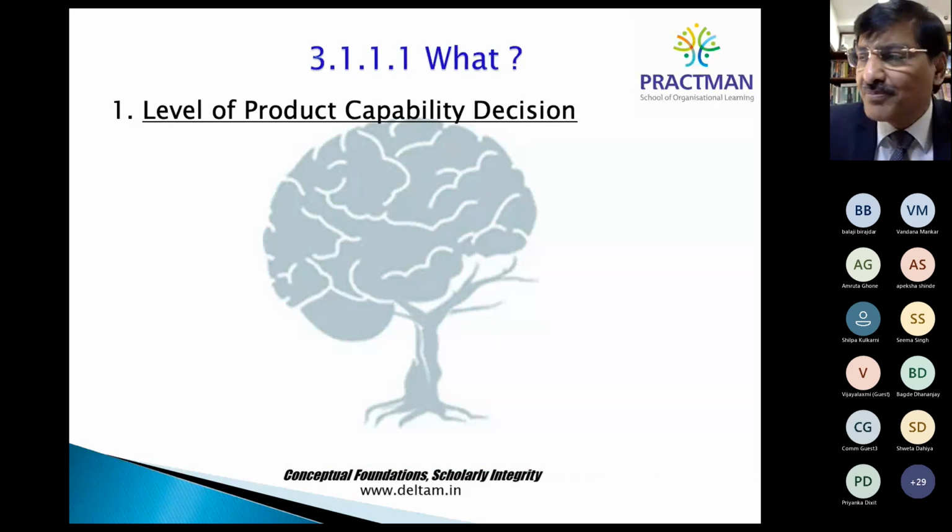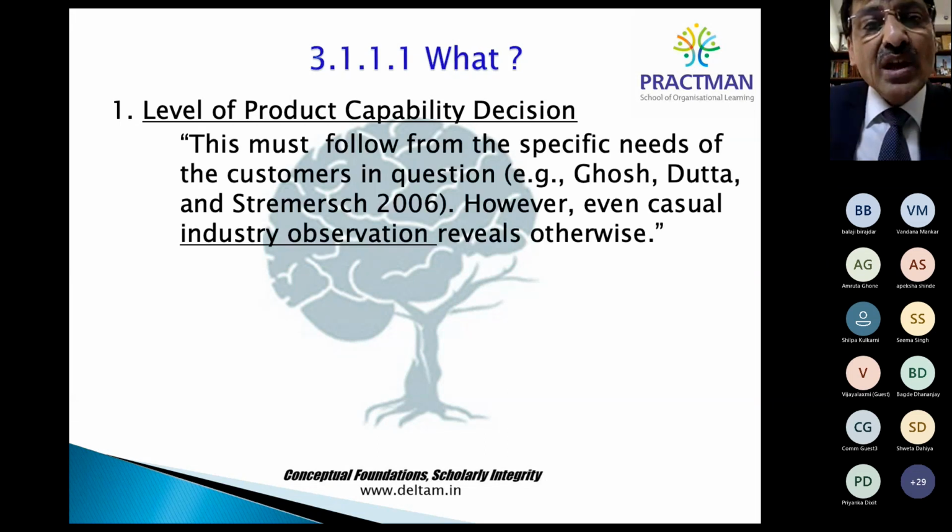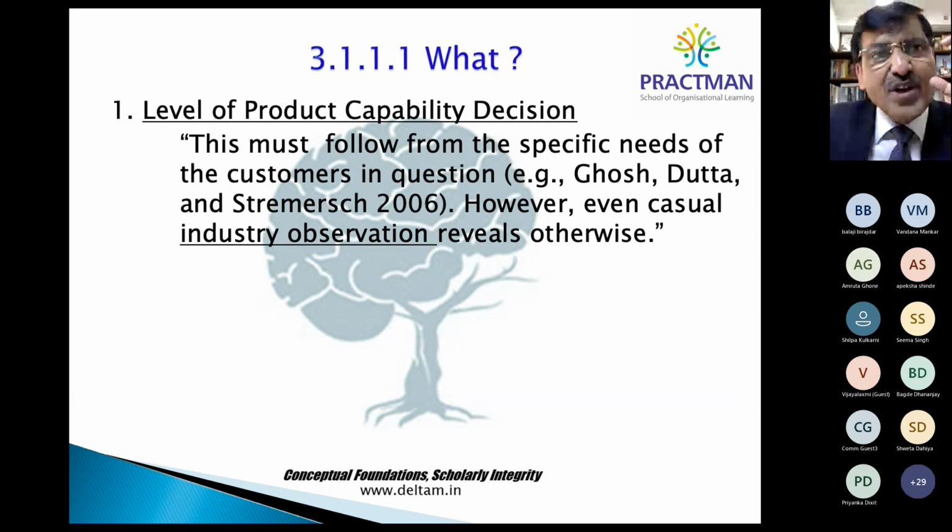So for example, in this particular case, the level of product capability decision. That means what kind of product capabilities should we design? So whether a car should have that many features or not. They did some literature review and found that ideally how we should design the product should come from the study of the needs of the customers.